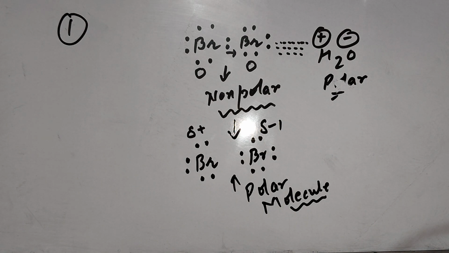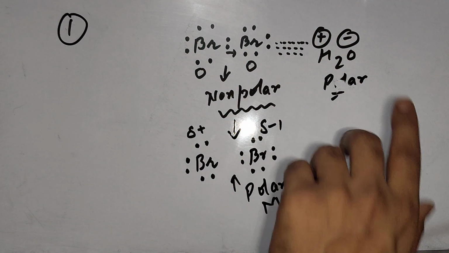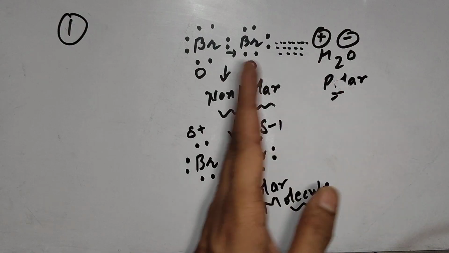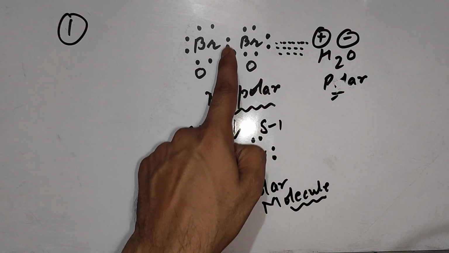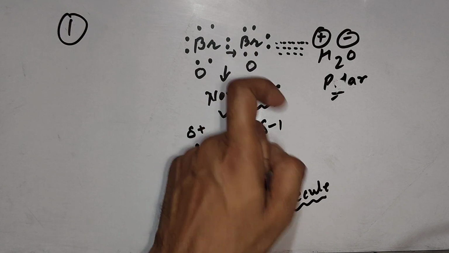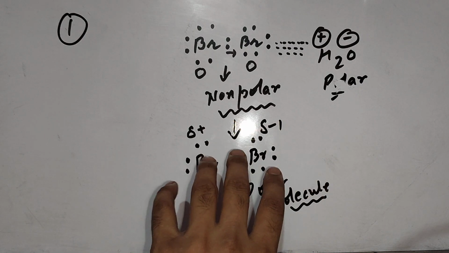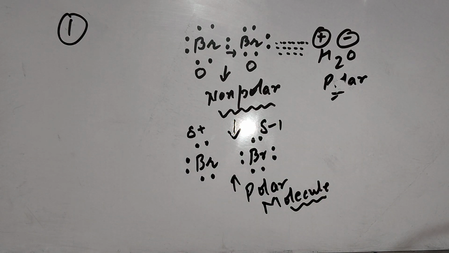This is what water does with bromine. Water, with its positive and negative fields, will pull these central electrons toward one bromine atom, due to which the bromine molecule will become polar.